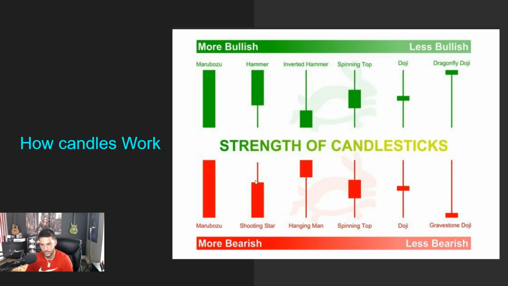Vice versa, if we're going on a downtrend, sellers came in, pushed up, got rejected, straight down, right? Sellers are winning. You can see as the bodies get smaller, they're less strong. These are like indecisive candles, is what I like to say. If we have an indecisive candle, you might want to wait for another candle for confirmation for your trade.